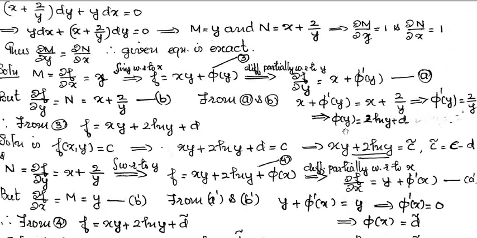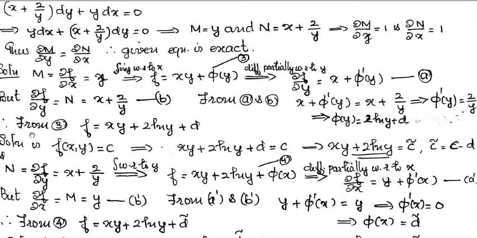We will get phi of y as 2 ln y + constant of integration d. Therefore, from equation number 3, we will get the solution by giving the value of phi of y. Thus, f is equal to xy + 2 ln y + d.